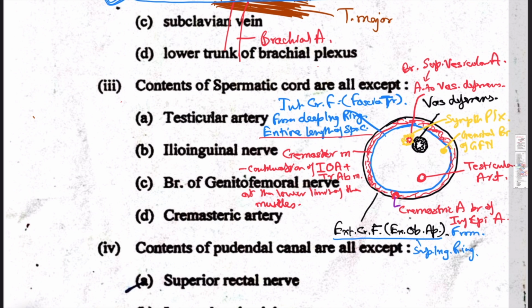One of the contents of the spermatic cord. What will it supply? Of course, it will supply the internal cremasteric fascia. It will supply the cremasteric muscle. It will supply the external cremasteric fascia. What else? It will supply the skin of the scrotum as well. Got it? Because actually the dartos is also there. So that was about the genital branch of the genitofemoral nerve.